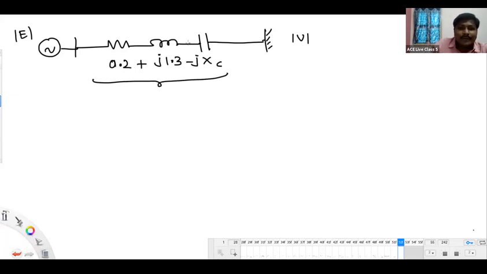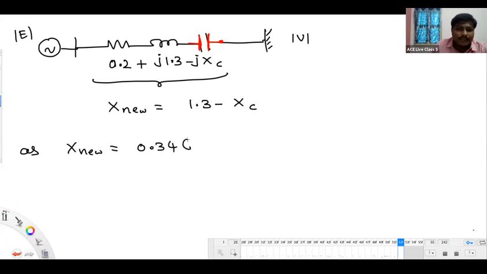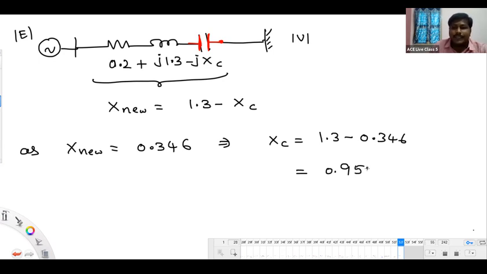This is an extra element we have added in the line. Now you can write X new equals 1.3 minus Xc, as the new reactance value required is 0.346. Xc value will come to be 1.3 minus 0.346, which is 0.9535 per unit.